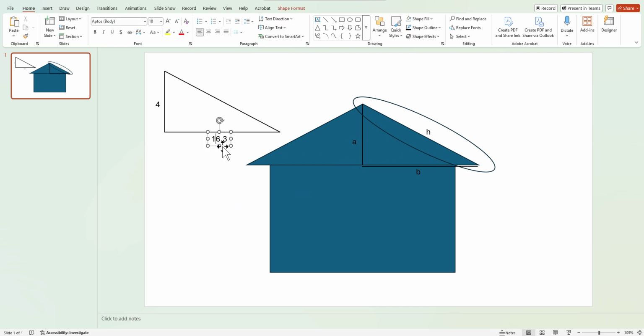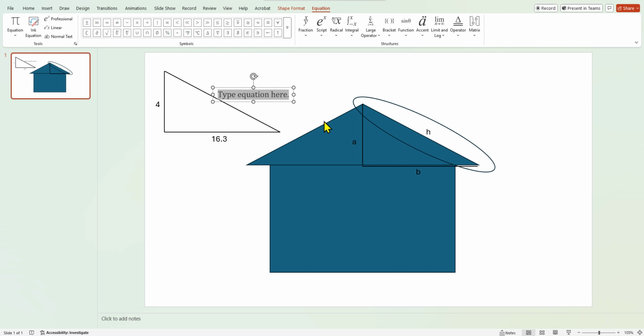So if you guys remember the Pythagorean theorem, H equals the square root of 4 squared plus 16.3 squared. I forgot that I'm in PowerPoint right now, so let's get a little fancy.